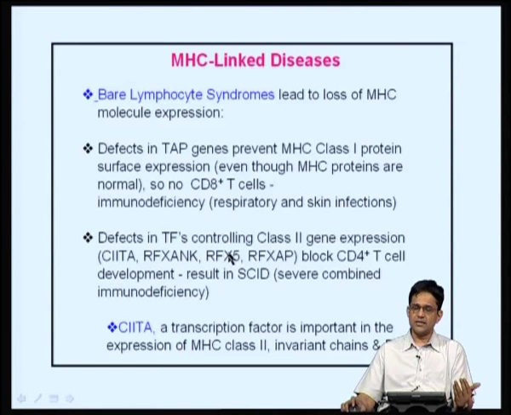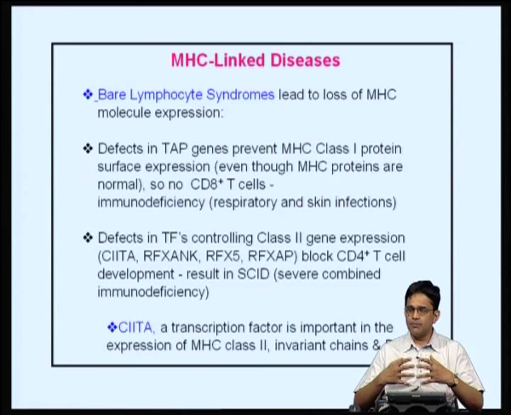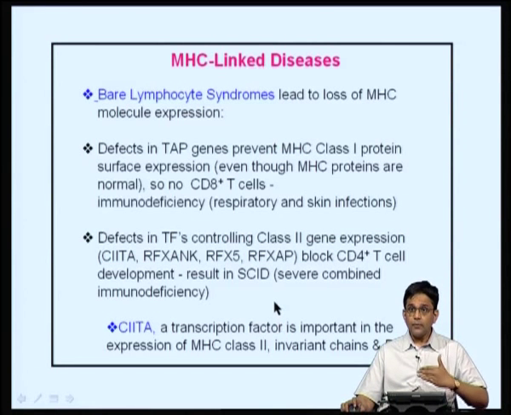Now, remember over here in this case you are lacking CD8 positive T cells, your CD4s are there. Now, in some cases you have transcription factors which control MHC class 2 expression. So, for example, the very well known one is CIITA. In these sort of animals or humans, this is important for expression of molecules that are important in MHC class 2 gene expression. So, MHC class 2 molecules, invariant chain and DM, and so on. So, if you do not have this, there would be no MHC class 2 molecules or very reduced expression of MHC class 2 molecules.